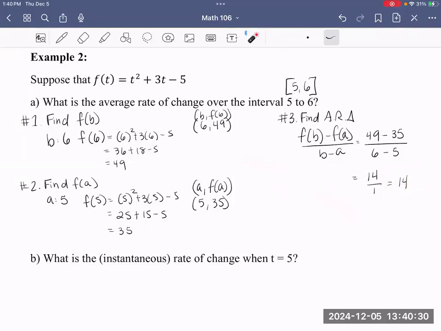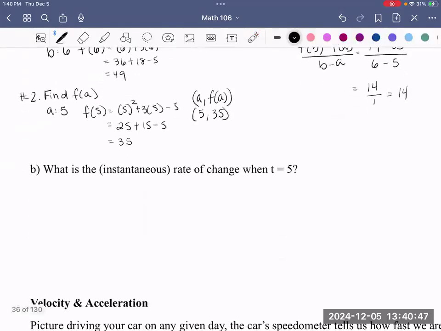It is perfectly fine. Now, when it moves on to B, when it says what is the instantaneous rate of change, this is looking for the actual rate of change at that particular point when x in our case is equal to 5. So this is just looking for the slope of the tangent line.